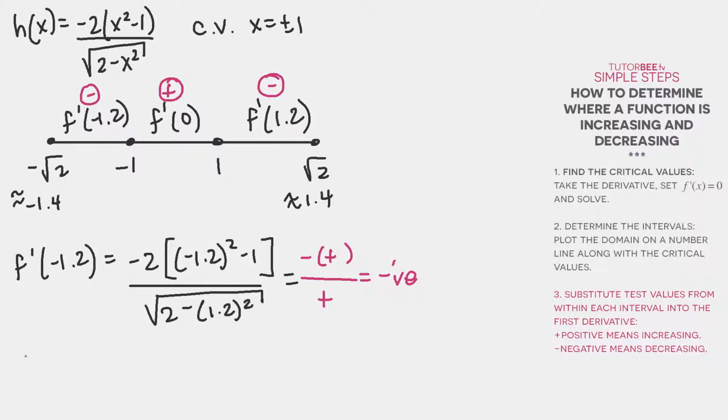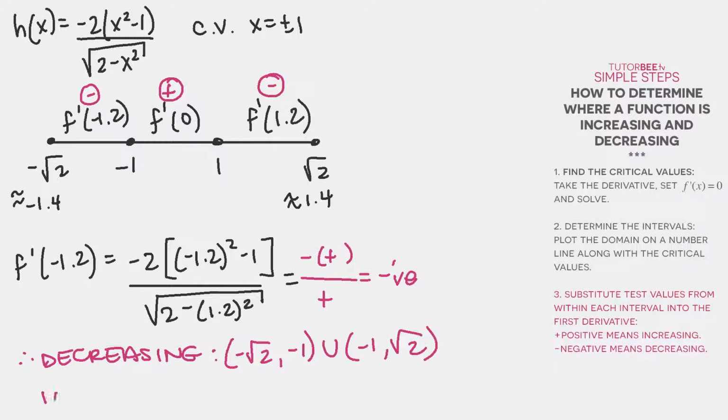So what we know then is that we are decreasing from negative root 2 to negative 1, union with 1 to root 2, and we are increasing from negative 1 to 1.